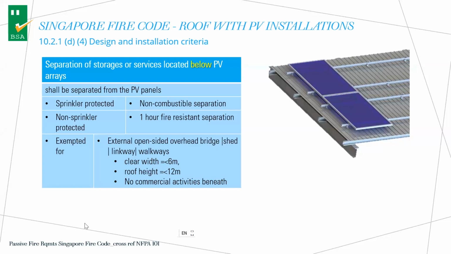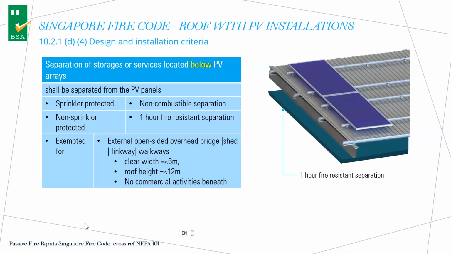If your building is sprinkler protected, you need a protection between the solar panel and the roof underneath; just a non-combustible material is good enough. But if the building is not sprinkler protected, you need a 1 hour fire resistant separation between the solar panel and the bottom of the roof. If this roof is for a car park or linkway, with both sides open, you don't need this protection.